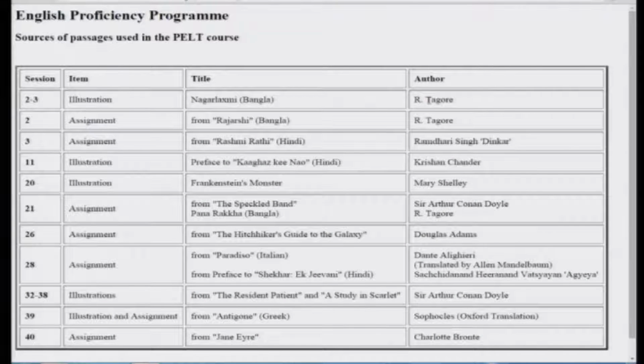They are from very good world-renowned authors. Tagore, Dinkar, Krishan Chandra, Mary Shelley, Sir Arthur Conan Doyle, Douglas Adams, Dante, Sophocles, and Charlotte Bronte. Okay? So, these are all world-renowned authors.